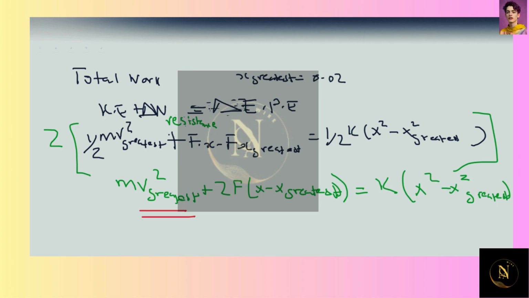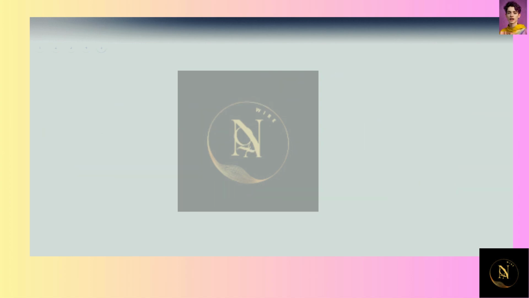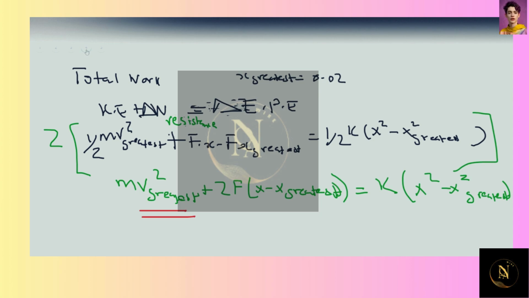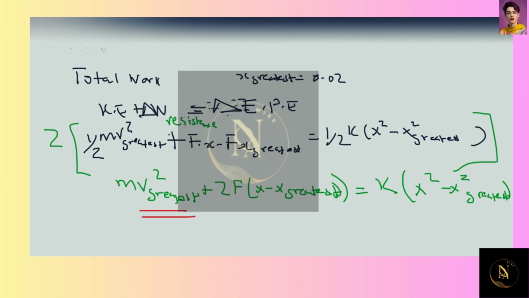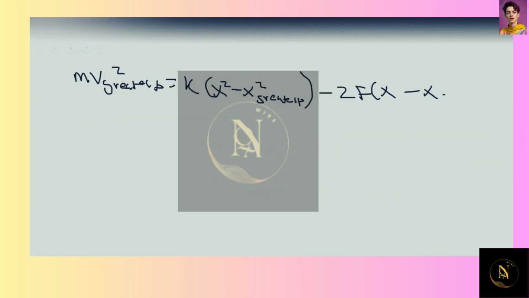On the next page, we have m v greatest squared equals, moving everything to the other side, k times x squared minus x greatest squared, minus 2F times x minus x greatest.